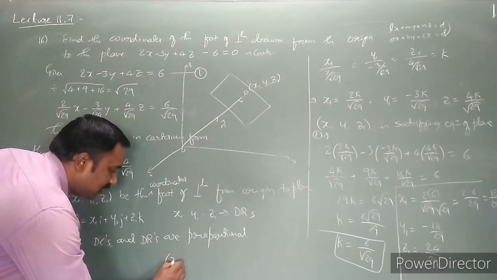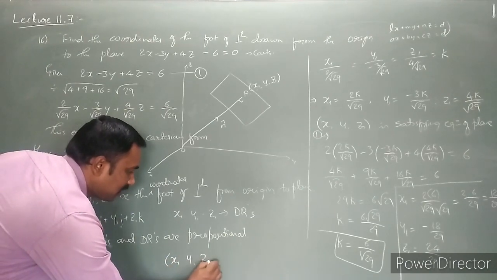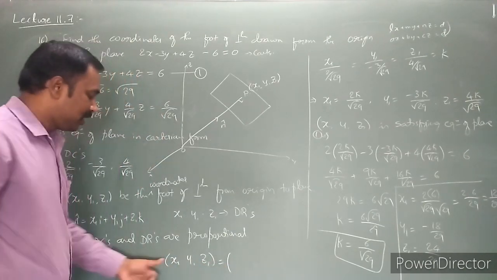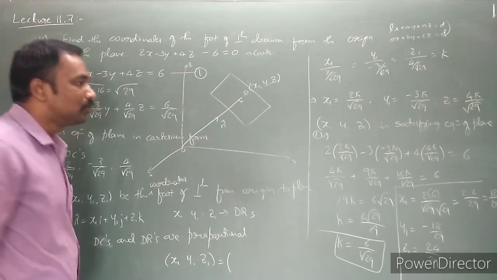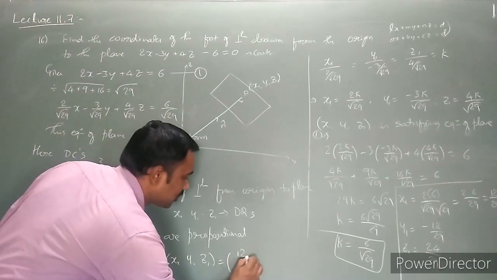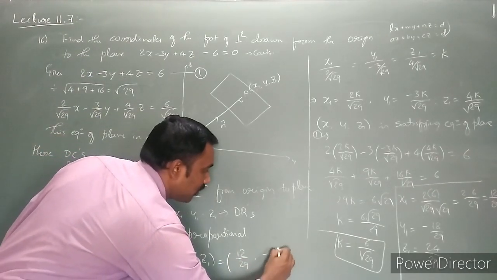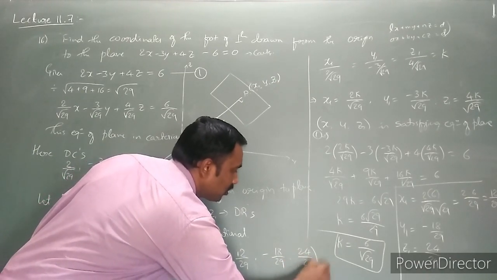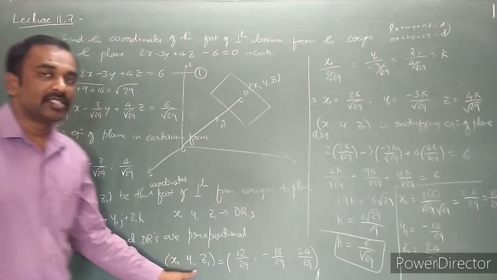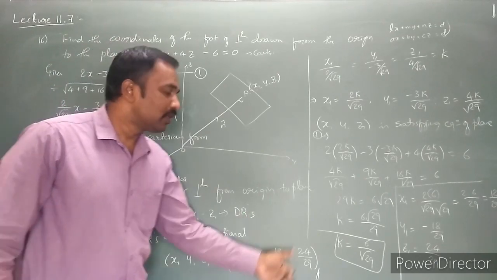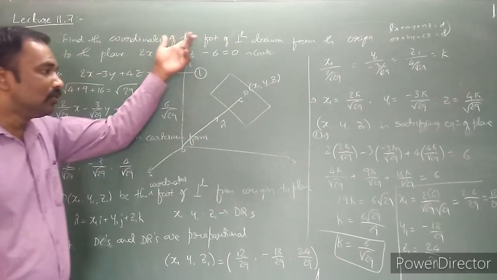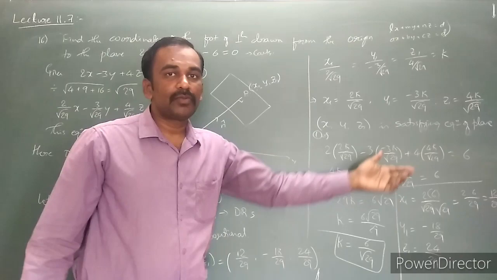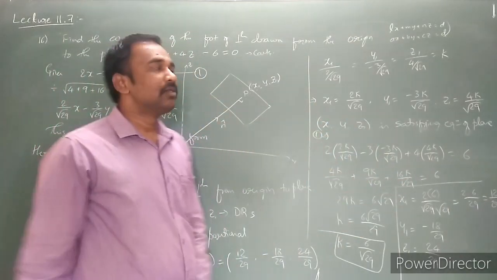Therefore, finally, x1, y1, z1, the foot of the perpendicular, is 12 divided by 29, minus 18 divided by 29 and 24 divided by 29. This is the required coordinates of the foot of the perpendicular drawn from the origin to the plane.